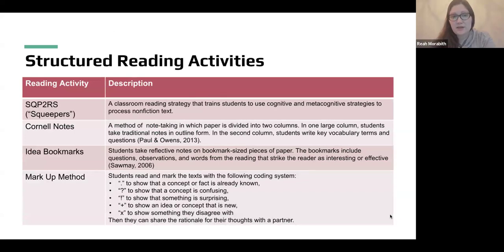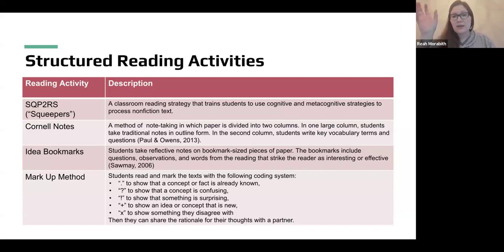And here are some other structured reading activities. We have squeepers and Cornell notes, idea bookmarks, and the markup method. Depending on the type of text and your students and the level that they're at, they might just be using Cornell notes and creating a really simple outline.